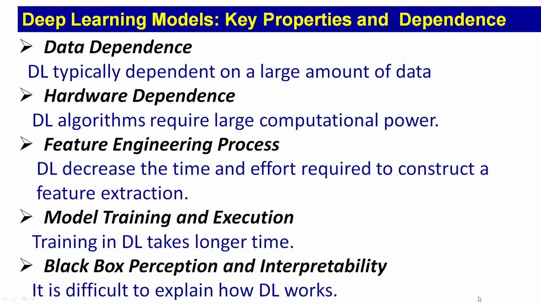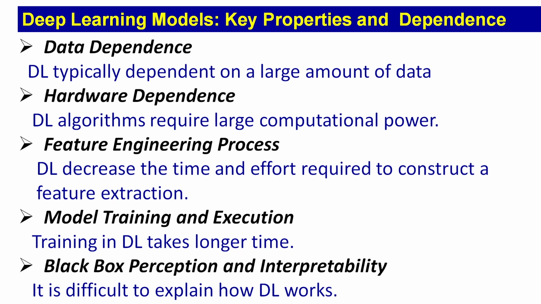So, what are the key properties and dependencies, that is also something you should know. Well, DL typically depends on a large amount of data. You have to understand that it typically depends on a very large amount of data, because it has to develop a data driven model. Without a large amount of data, it cannot find a particular pattern or recognize the particular relationships.